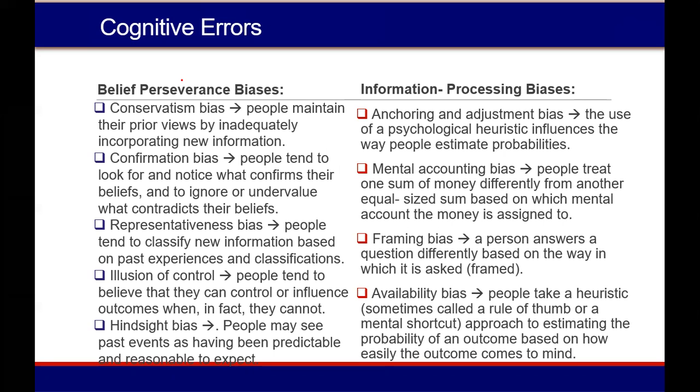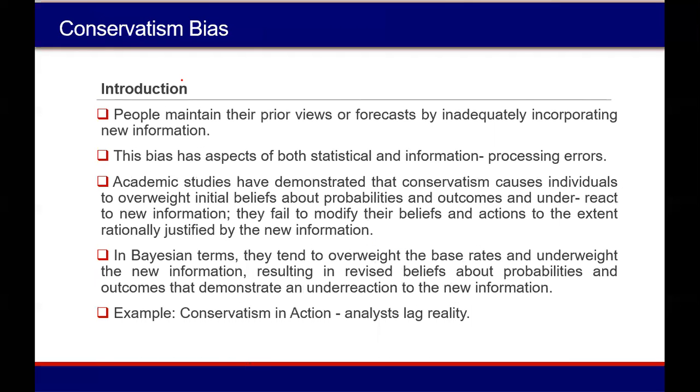Okay, so first, in belief perseverance bias, the first bias we concentrate on is the conservatism bias. It is the most basic or common type of bias we exhibit: we try to maintain our existing views or beliefs instead of responding to the availability of new information.